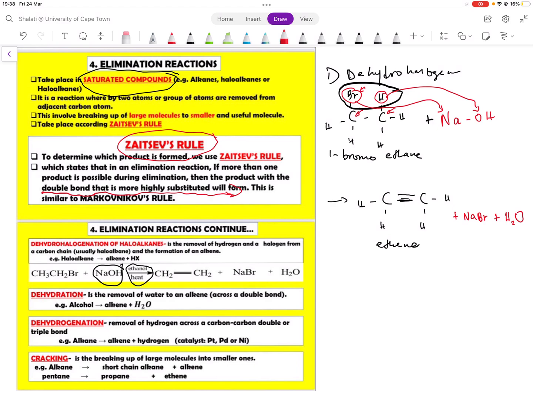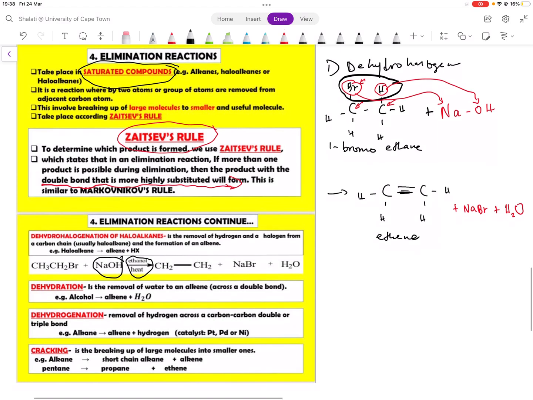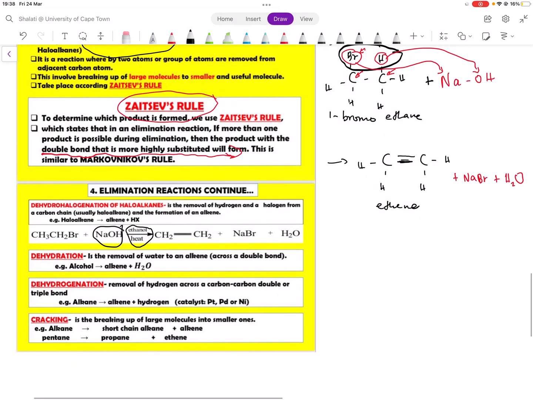Alright, let's look at another example. Let's say I'm using 2-bromobutane. This one is going to show you how to use the Zaitsev rule.